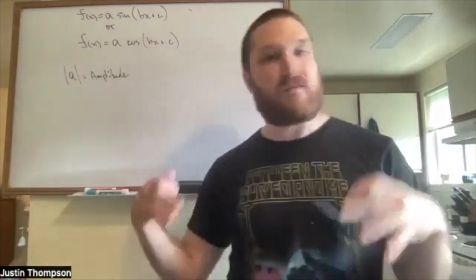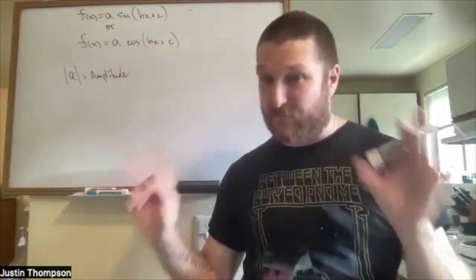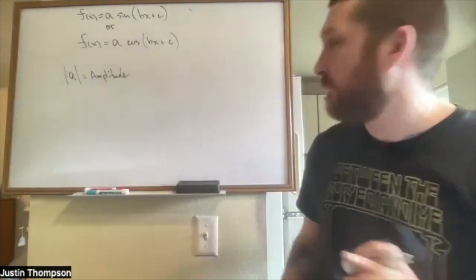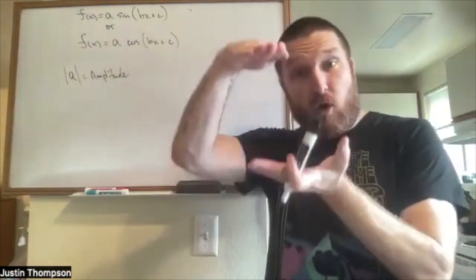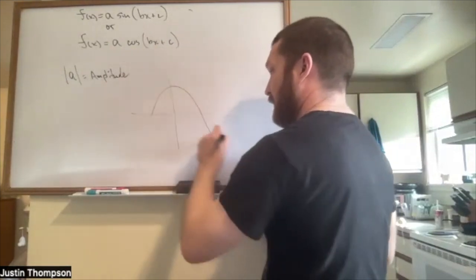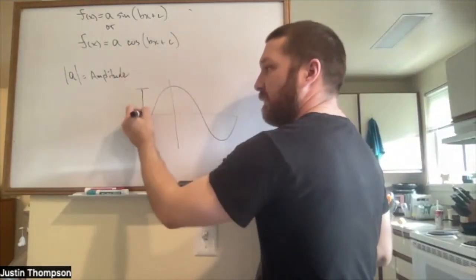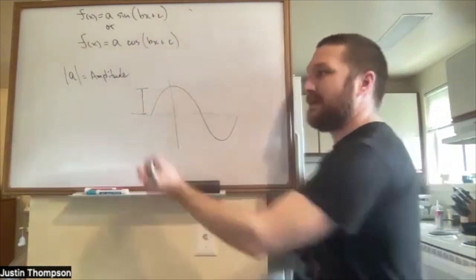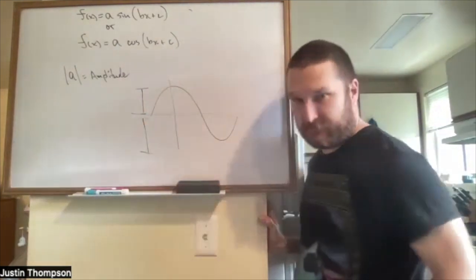So if it's negative, it doesn't matter. The absolute value of it is still called the amplitude. Remember, that's not the total length, right? It's this length from there to there. It's the same length from there to there. Okay?